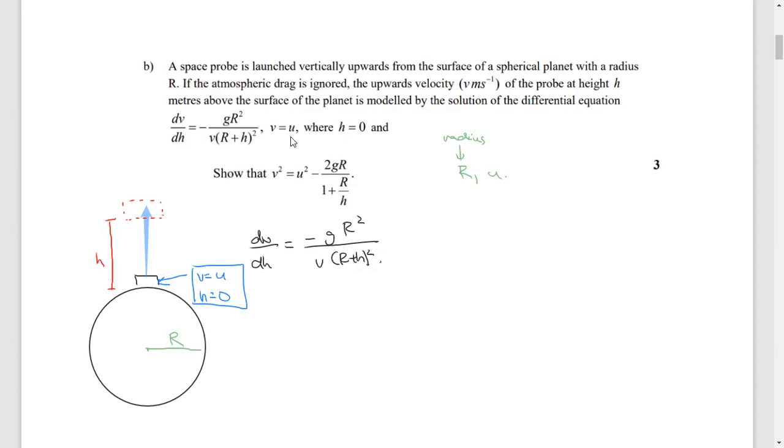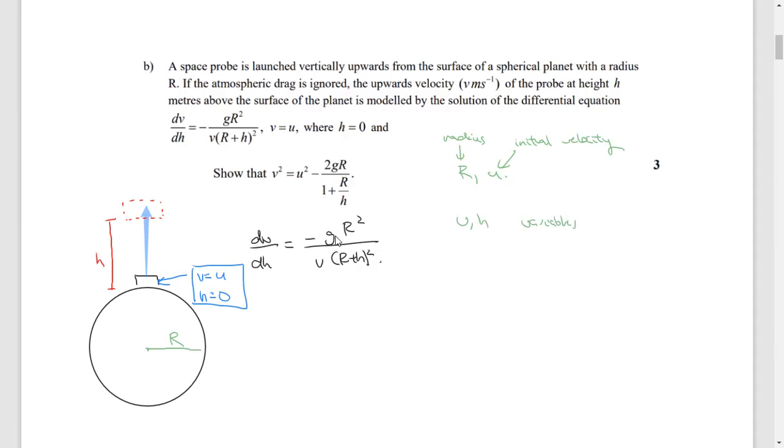That's just the initial velocity, which again presumably is not changing once you've launched it up into the air. v and h are variables, of course, because at different heights you're going to have different velocities. And they're related to each other through the differential equation.